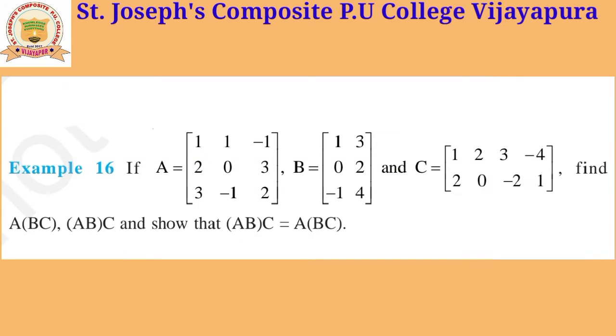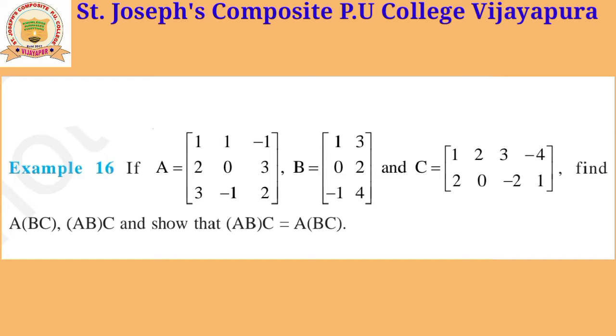Our first example is: A is the 3 by 3 matrix having the elements 1, 1, minus 1, 2, 0, 3, 3, minus 1, 2. B is a 3 by 2 matrix having the elements 1, 3, 0, 2, minus 1, 4.